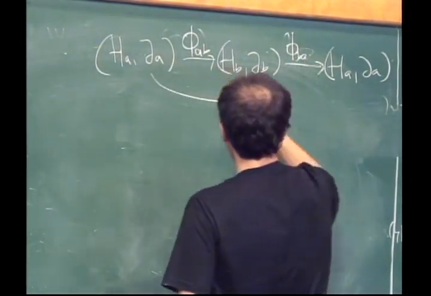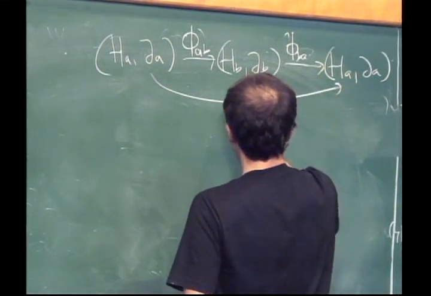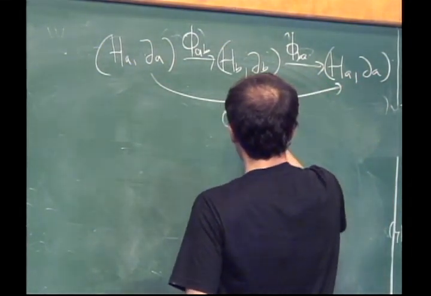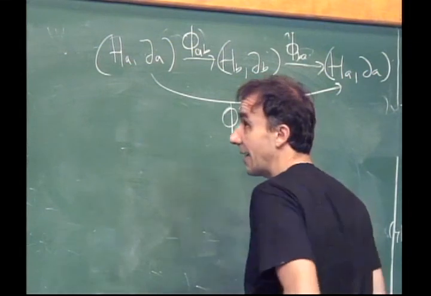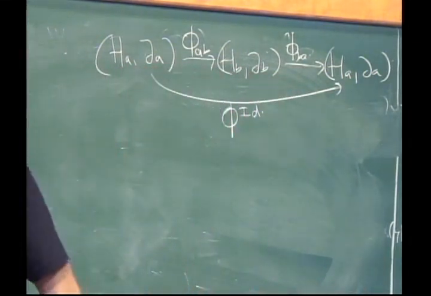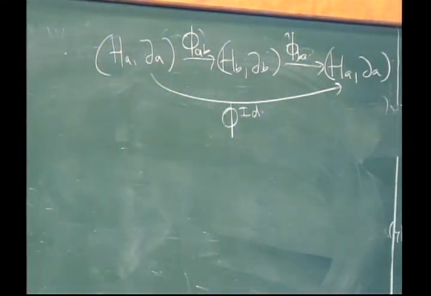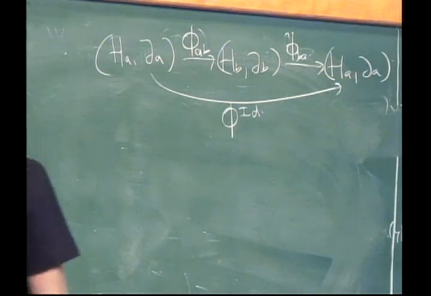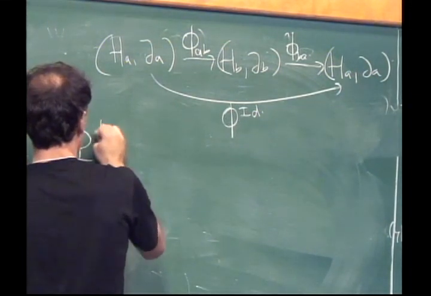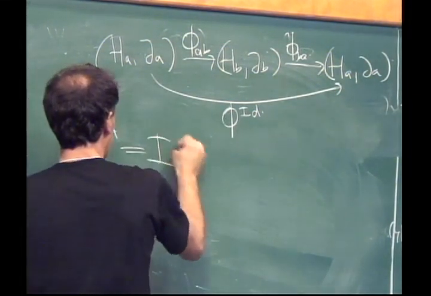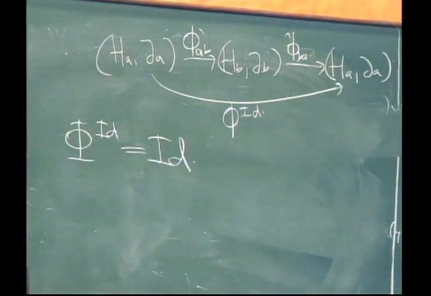And then from this one, you can go with the morphism given by the identity, the constant path between the two. And this morphism for the constant path between the two is exactly the identity.